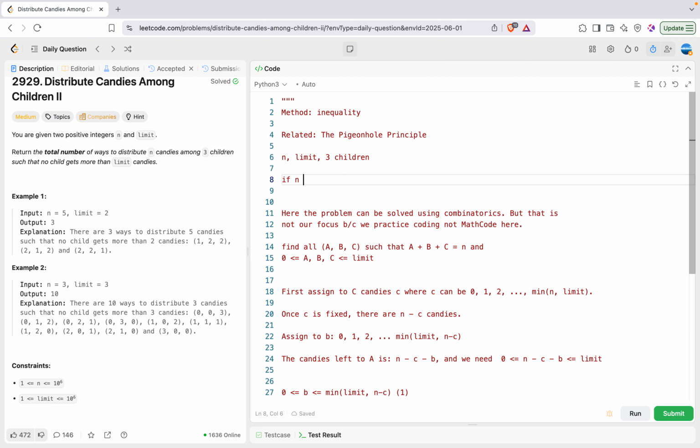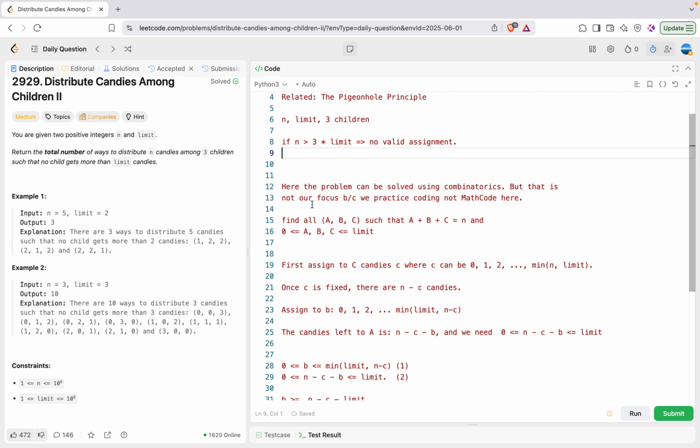If n is greater than 3 times limit, then you cannot distribute, because at least one kid will get more than limit candies. So that's the one thing we need to notice.